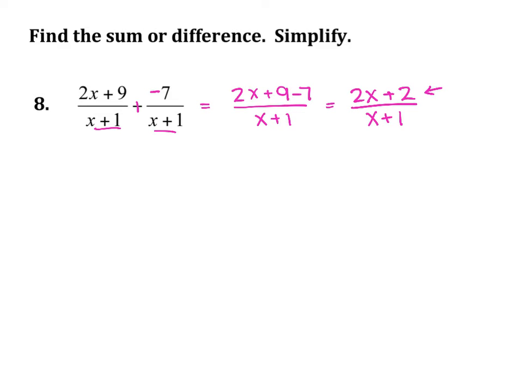I can take out a 2. If I take out a 2 or divide both of these by 2, that leaves me just x plus 1. So sometimes, even after I've added things together, I can still reduce. This is actually the same or equal to just 2.